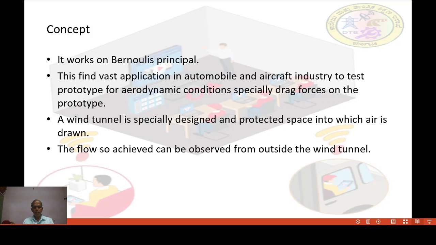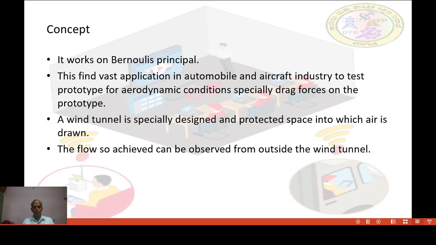A wind tunnel is a specially designed and protected space into which air is drawn or blown by mechanical sources in order to achieve a specified speed and predetermined flow pattern at a given instant of time.